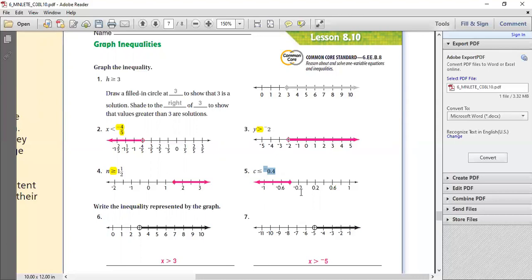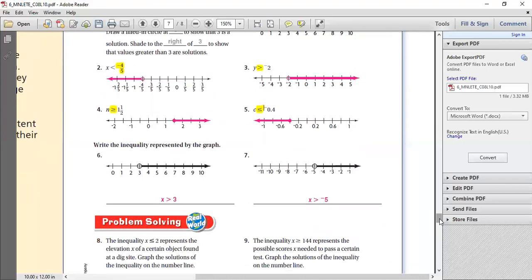So you draw a circle, and then you decide whether you have to color it or not. Did you color it? If you have colored it, very good. Because you have to color it, as there is a less than or equal sign here. So if there is an equal sign, you will color it. And then where is the inequality symbol showing you? To the left. So you will draw the arrow to the left.